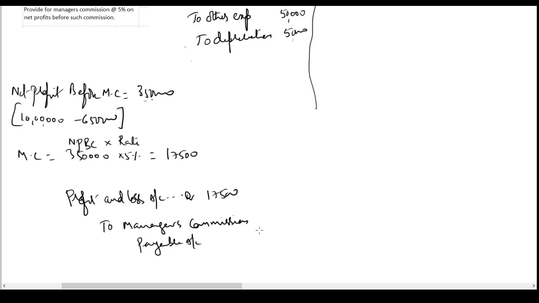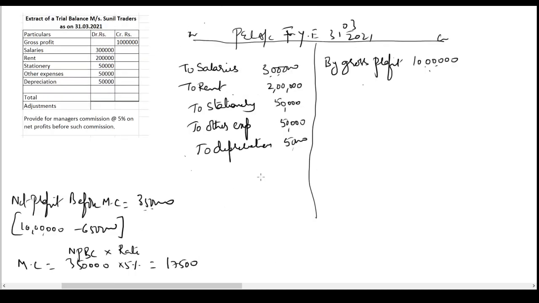So we have to pay the money, so we are going to credit it to manager's commission payable account. So this entry will be debited to the P&L account. I'll write here to manager's commission payable 17,500.